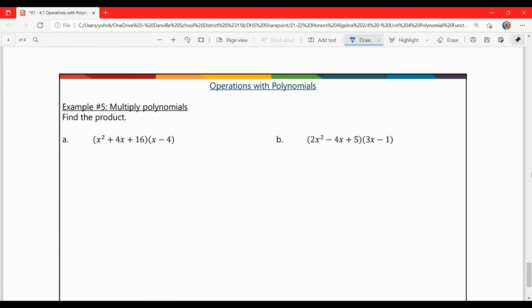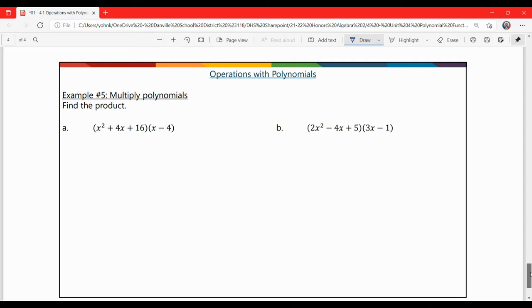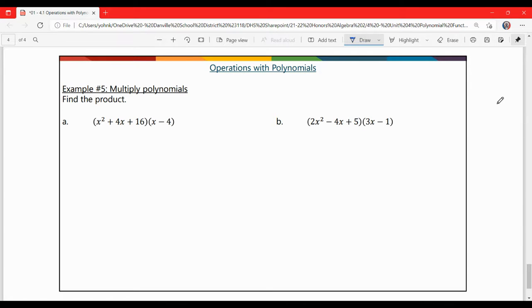Okay, and finally, what if we have to multiply a polynomial with a binomial? So remember on the previous slide, we only multiplied the polynomial by x or by -4, but never together. Well, when we multiply polynomials by binomials, we again need to distribute. So we're going to take the x squared and multiply it by x, and then take the x squared and multiply it by -4. So x squared times x is x to the third. x squared times -4 is -4x squared.